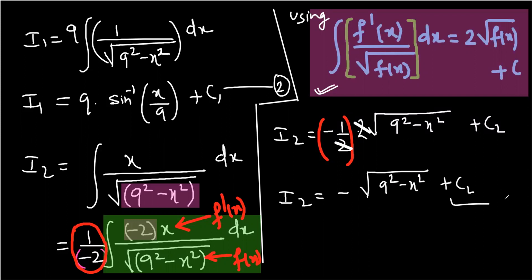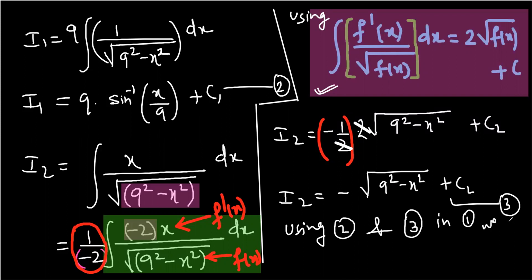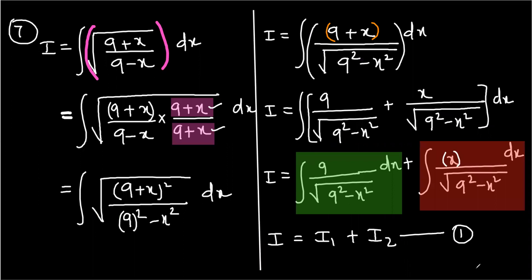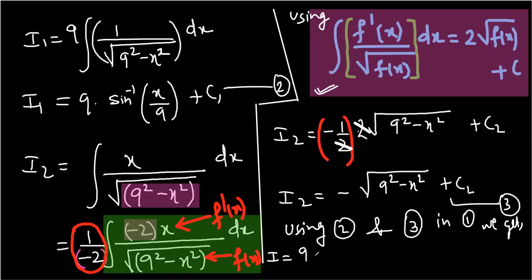This is equation number 3. I write using 2 and 3 in 1. We get I equals I1 plus I2. So I1 here I got as 9 times sine inverse of x over 9, plus I2.